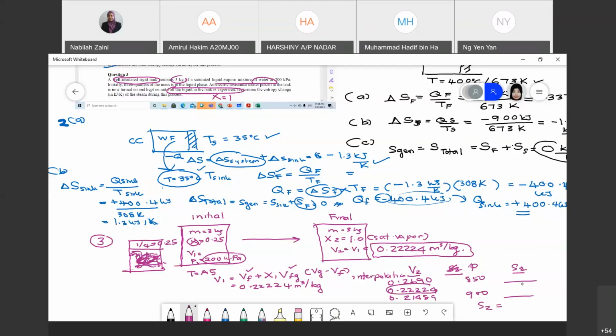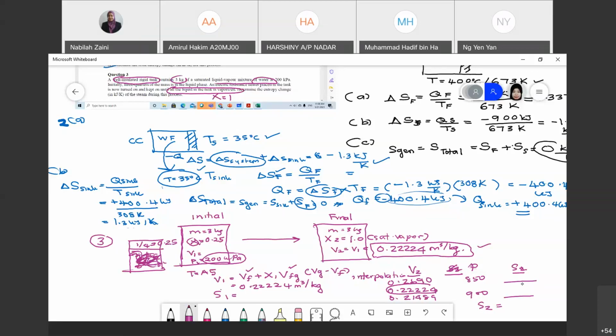One more thing here: once you get V1, we solve for V1 and also V2.